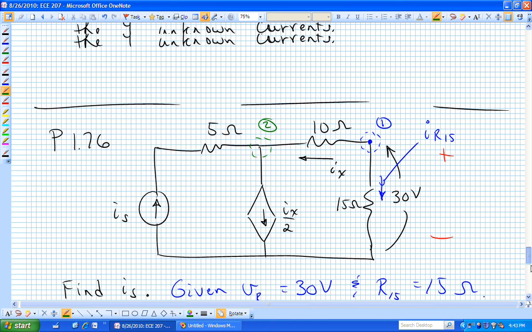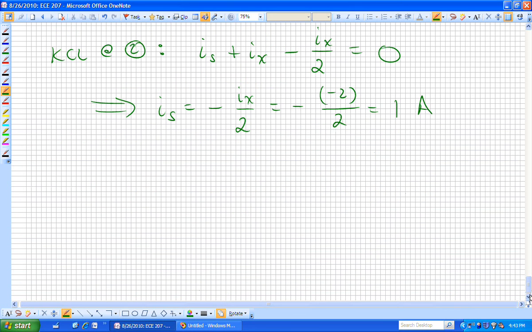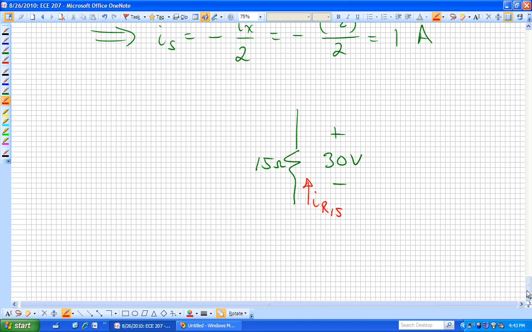Let me draw that picture. The question was, what if instead of, to begin with, here's this 15 ohm resistor, and we're told that this is 30 volts, but what if I would have said this is I sub R15? Then I know that the way this is drawn, minus 30 volts is equal to 15 times I sub R15.